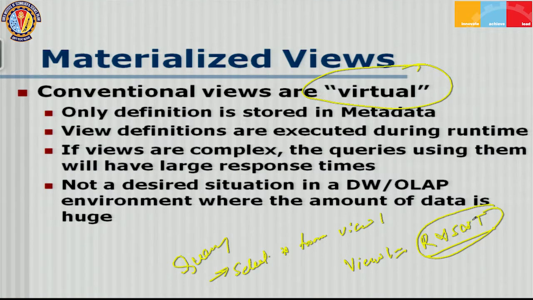So this join would be executed, and then once it is executed, the result will be shown to the user. Right, so that's what I have mentioned here. If views are complex, any query using them will have large response times. And this is not a desired situation in a data warehouse OLAP environment where the amount of data is huge. Because we are in a data warehouse environment, we are dealing with huge amounts of data, and the queries are complex. So it will take a very long time to produce this result, R join S join T, right?